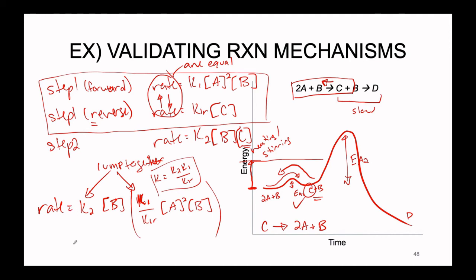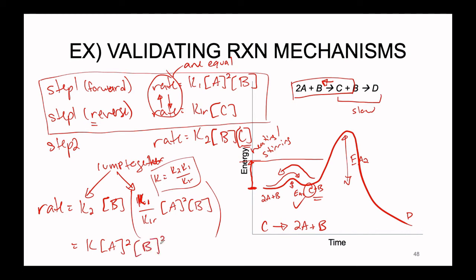So the overall rate is going to be equal to our rate constant K, which is lumping all of these other K's together, times A squared times B squared, right? Since we have a concentration of A squared here, and we can multiply these two concentrations of B together since they are the same value.